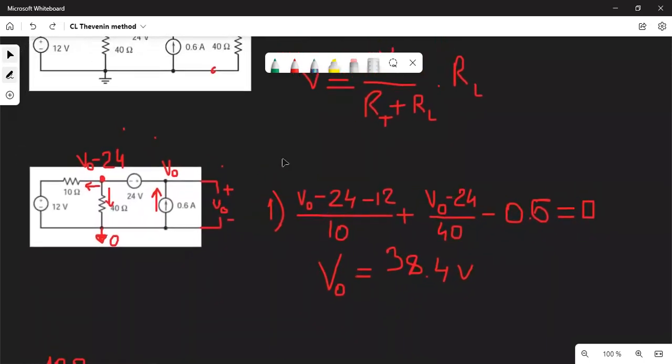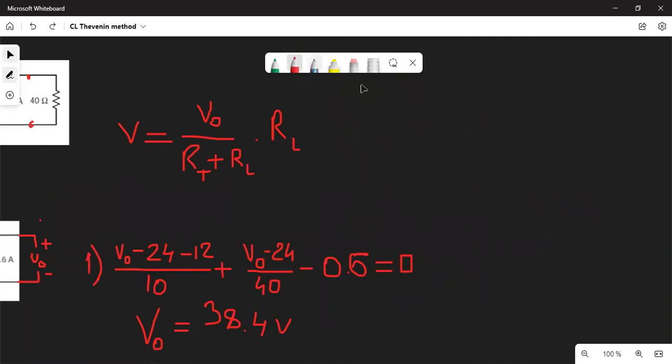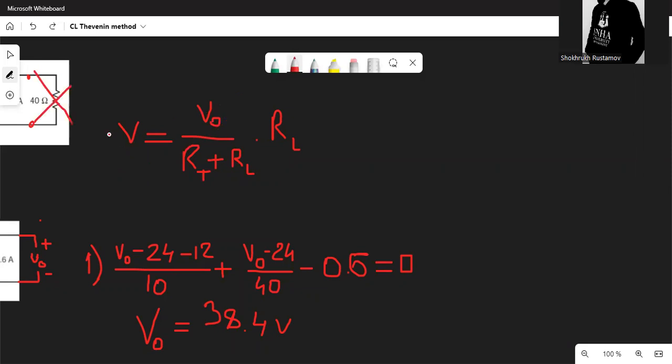Why? Because if we assume these 12 volts and 12 volts and this one don't exist, we just have a 10 ohm resistance here and a 40 ohm resistance here, connected in parallel. Let me draw it like this.